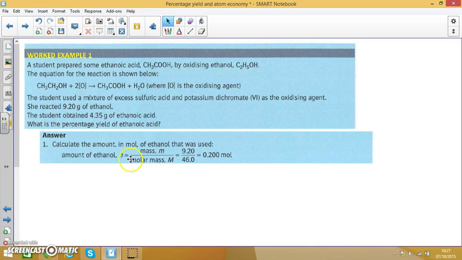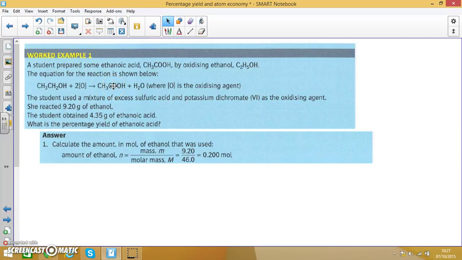And we can work out its molar mass, which is 46. So the number of moles of ethanol we have at the outset is 0.2 moles.